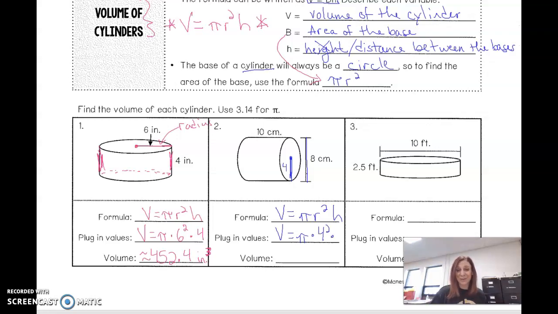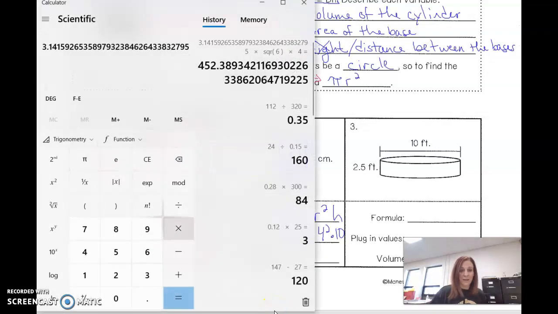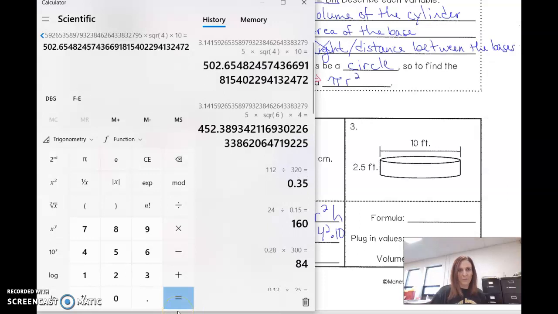Now notice this isn't a vertical distance this time. We want to know the distance between our bases. Well, they're 10. Now if you grab your calculator, pi times 4 squared times 10, we get about 502.7, we'll say.